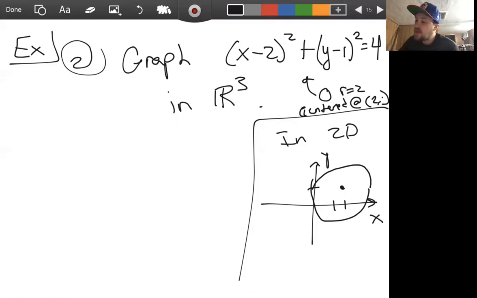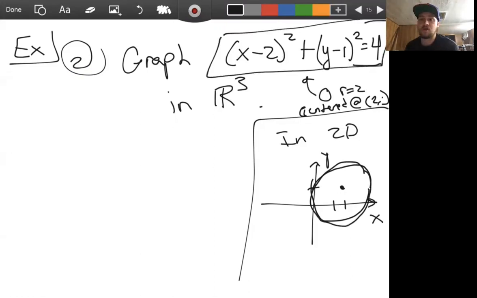And so we know that this should be something circular of radius 2. But now we have the z variable to think about. If you notice, this equation tells me nothing about the variable z, which means it has no restriction, right?